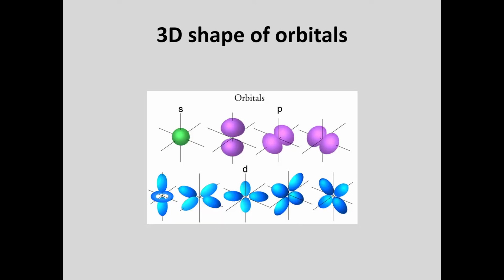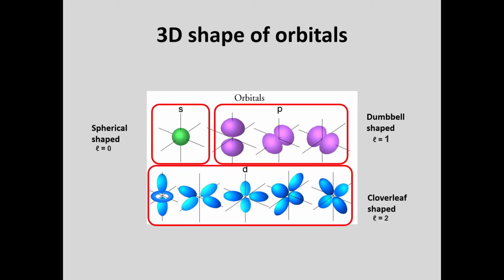Okay, so this is the general shape of the orbitals. We have S, P, and D. Okay, so untuk S, which is L equal to 0, orbital dia memang bulat sahaja. Okay. And untuk L equal to 1, dia ada bentuk dumbbell, which is dia bentuk is either this way or this way or this way.